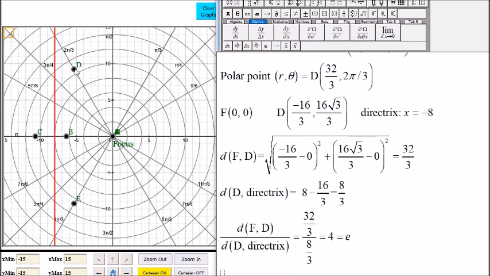The distance from here to here is this, and it comes out to be 32/3. The distance from D to the directrix is 8/3. Because the distance from here to here is 8, and the distance from here to here is 16/3. So it's 8 minus 16/3, and we have 8/3.